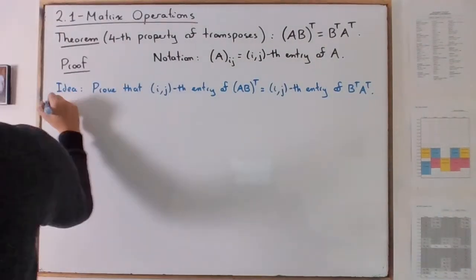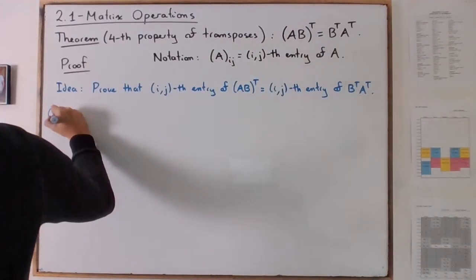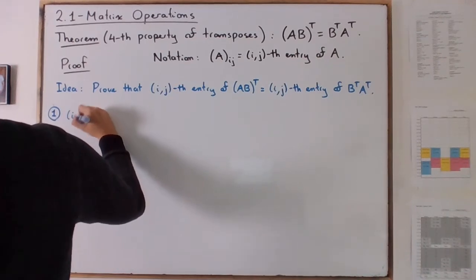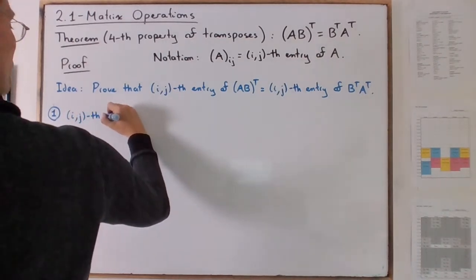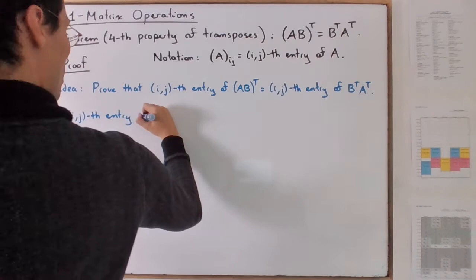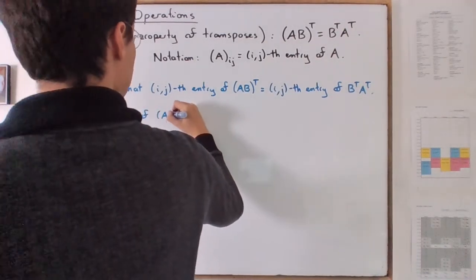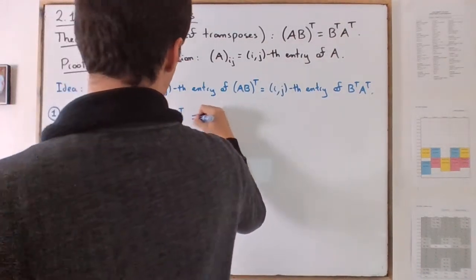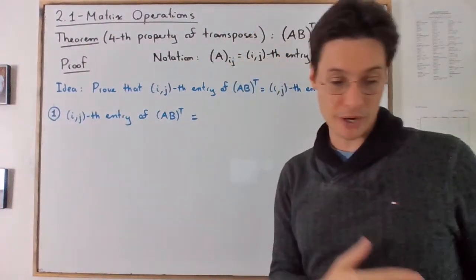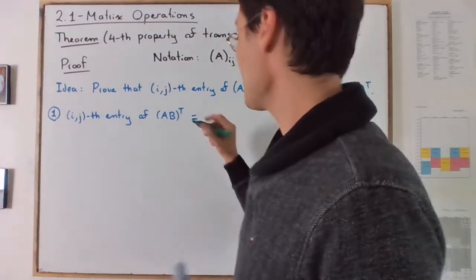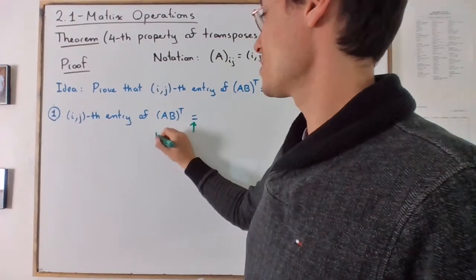In other words, step number one is to write the ij entry of (AB) transpose. The first argument that we're going to use is the definition of a transpose.